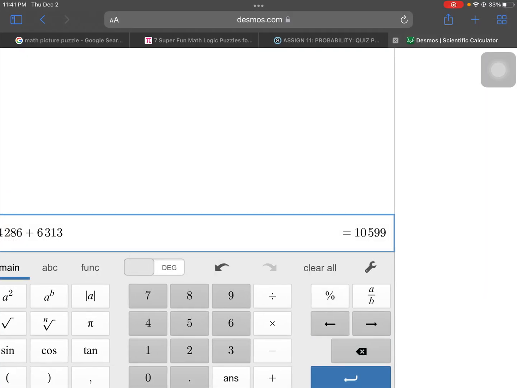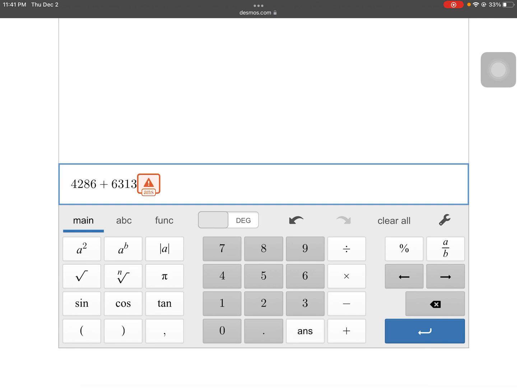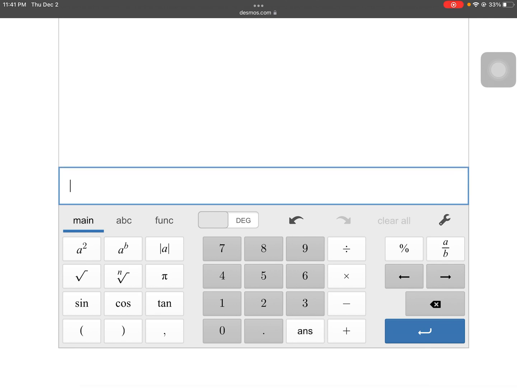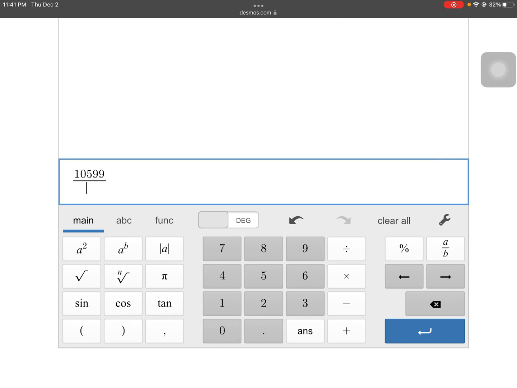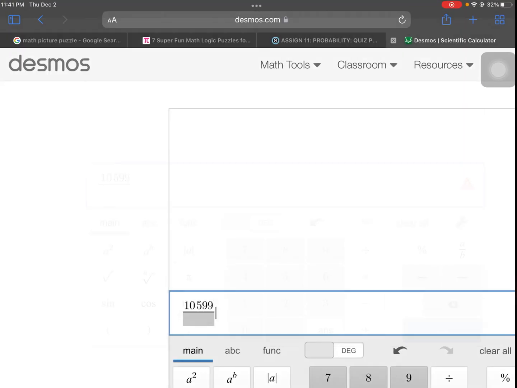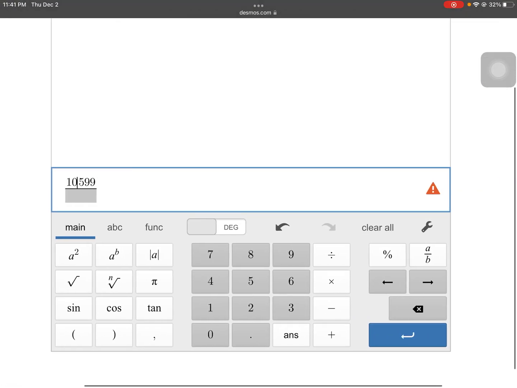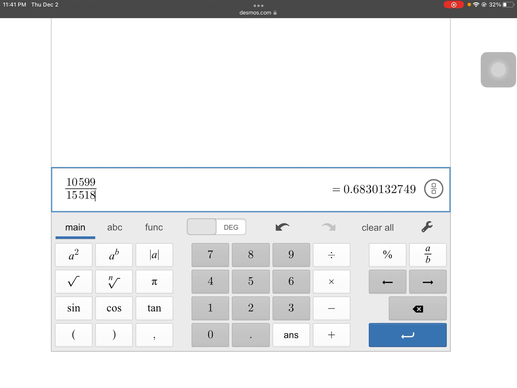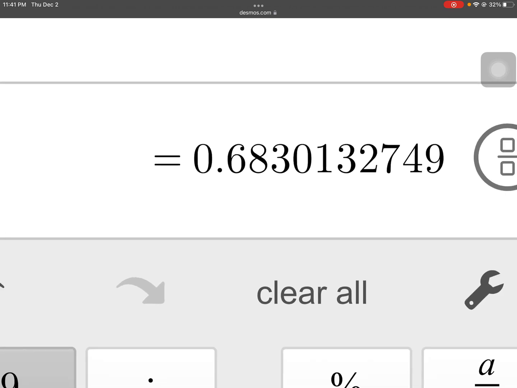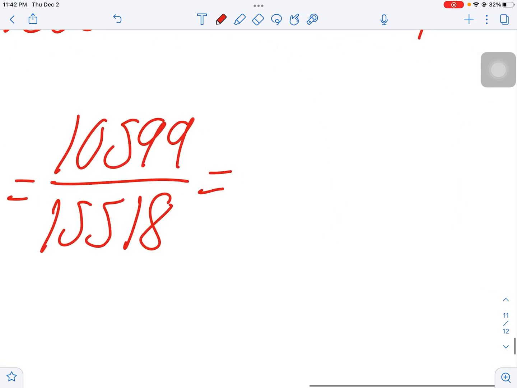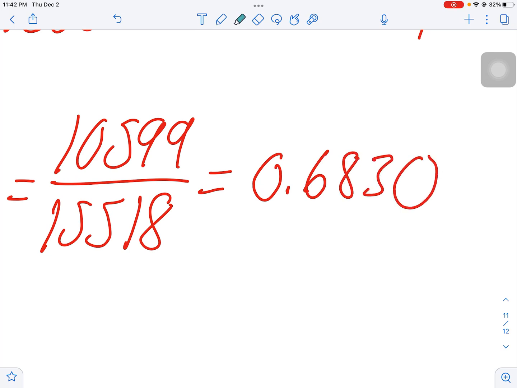And that gave us, let's see, 0.6830. Our 3 is in the thousandths place.